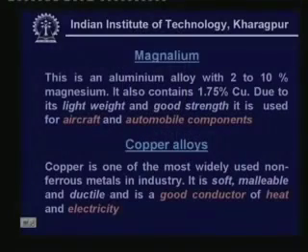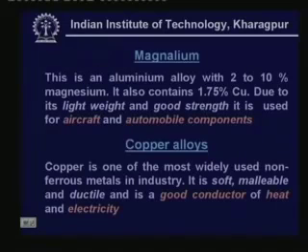Now we consider another very important material, that is copper, and some of the copper alloys. As I told you, copper is the most widely used non-ferrous metal in industry, and its use goes back to a very early age of machine design.